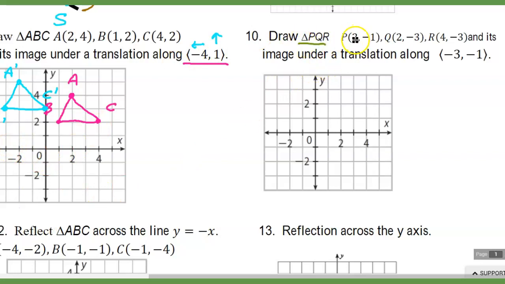So PQR. P is at 2, negative 1. There's 2, negative 1. And we have Q at 2, negative 3. And down here. And R is at 4, negative 3.